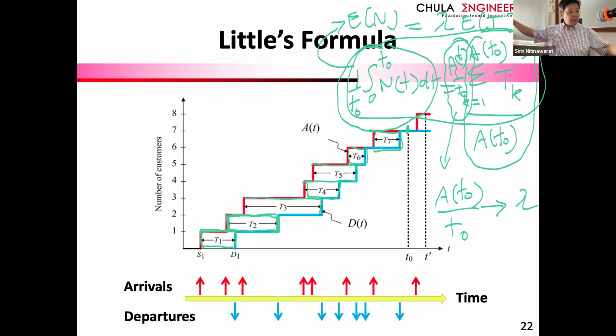The vertical integration is related to the expected number of customers in the system. The horizontal sum is related to the expected time each customer spends in the system. The coefficient that needs to be calibrated is related to the rate at which customers come in. That is lambda.